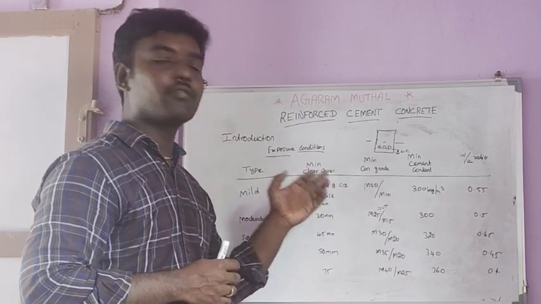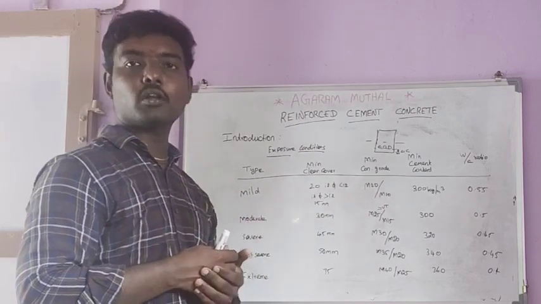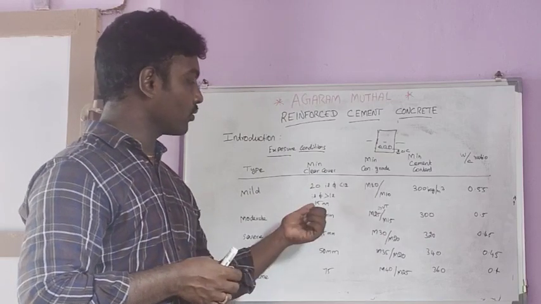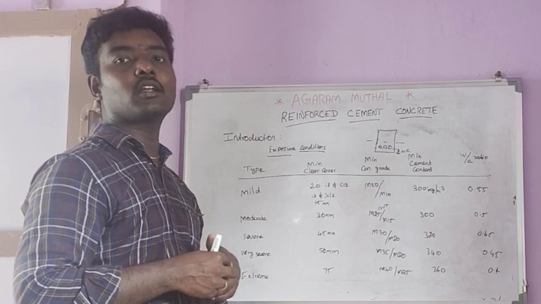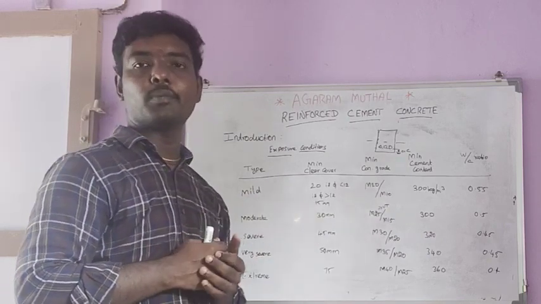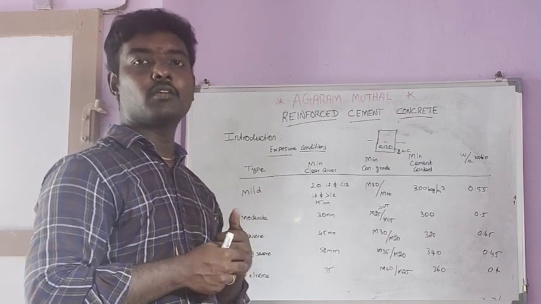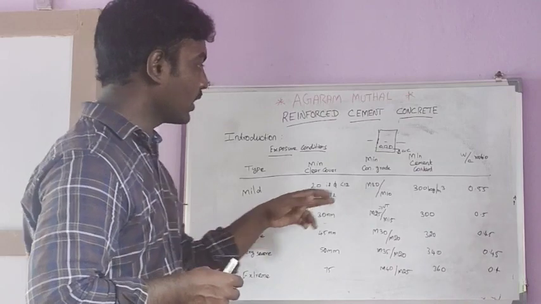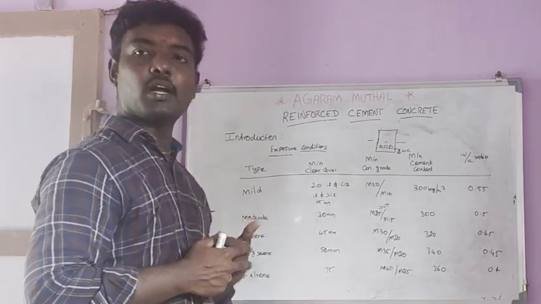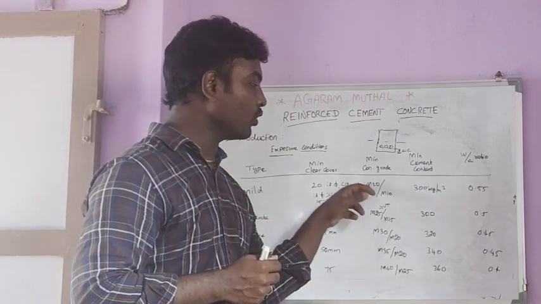So when the diameter is less than 12 mm. If we are using more than 12 mm diameter of reinforcement steel, we have to keep the clear cover as 15 mm. So 15 mm is applicable for slabs. Nowadays we are proposing 15 mm for slab design purposes, and the concrete grade designated for mild exposure is M10 to M20.